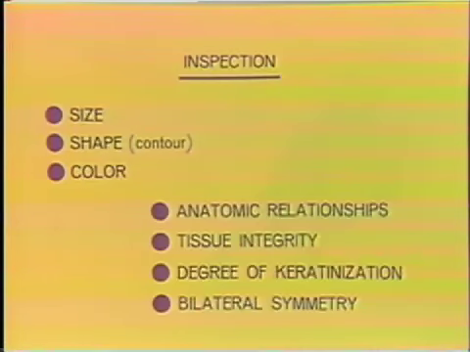In most areas, we will not be able to detect keratinization clinically, and therefore the finding of keratinization is an important one. Fortunately, most of the parts in the oral cavity are duplicated bilaterally, so this permits us to examine the symmetry of bilateral parts.